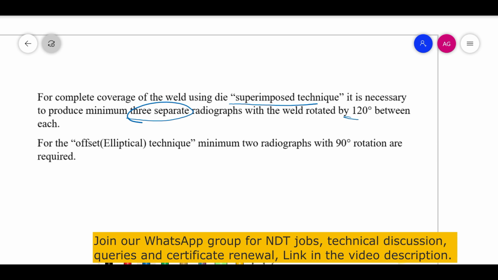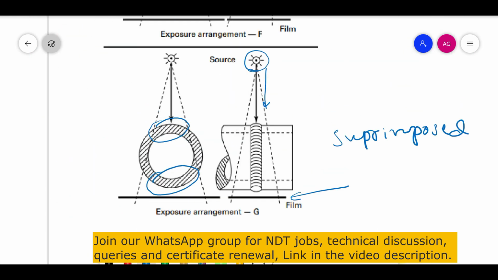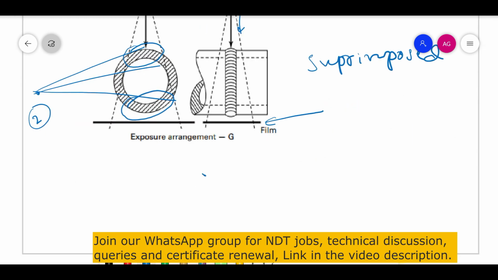For complete coverage of the weld using the superimposed technique, it is necessary to produce a minimum of 3 separate radiographs with the weld rotated by 120 degrees between each. So in the superimposed technique, the first one is this exposure, for the second you can keep the source here, and the third one is here.